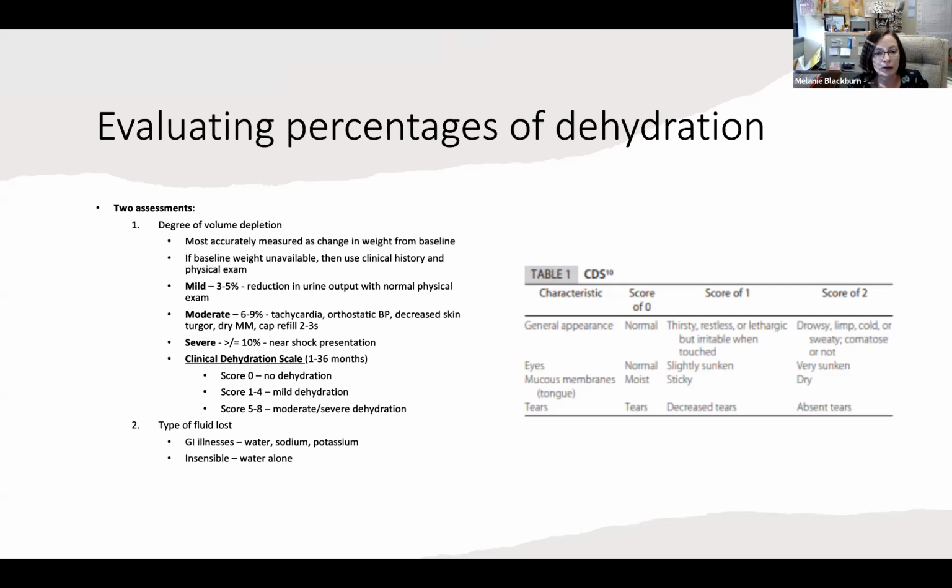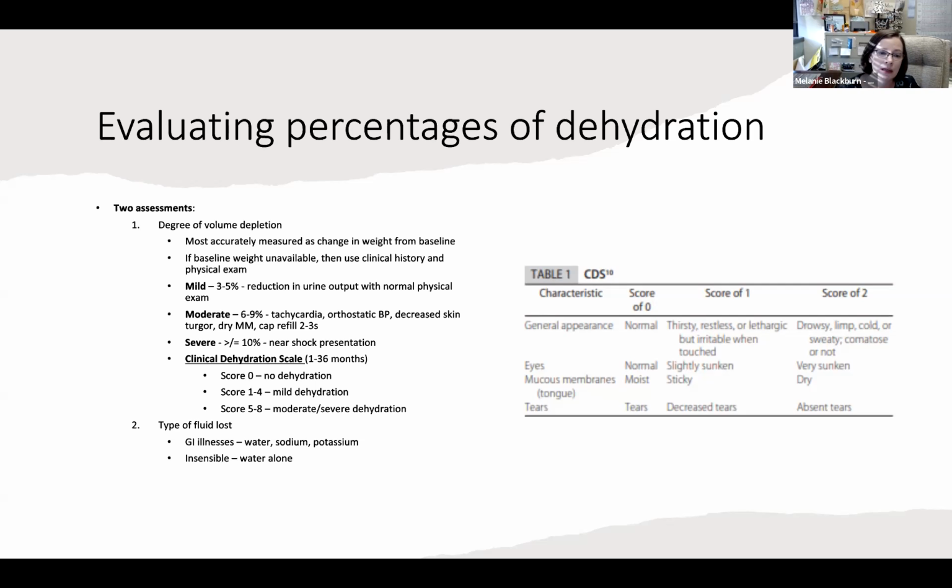So usually mild dehydration is going to be 3 to 5% dehydrated. And most of these patients are going to have a reduction in their urine output, but they will have a normal physical exam. So they should not have dry mucous membranes. They should still have tears. They should still have all those things, but they might just have a decreased diaper count or just not peeing as much and have a history that reflects some mild dehydration.